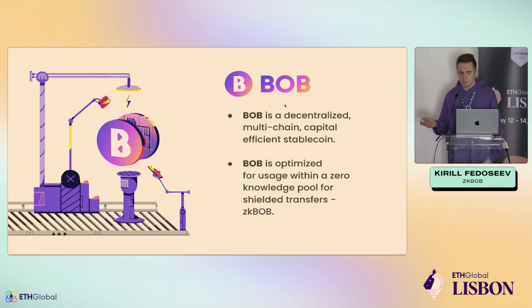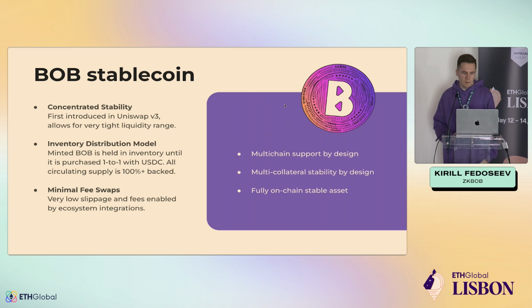Bob is a decentralized, multi-chain and capital-efficient stablecoin, and it's very optimized for usage within the zkBob application for achieving this level of privacy. For pegging Bob, we are using this concept of concentrated stability for now, and the Bob CDP in the future.